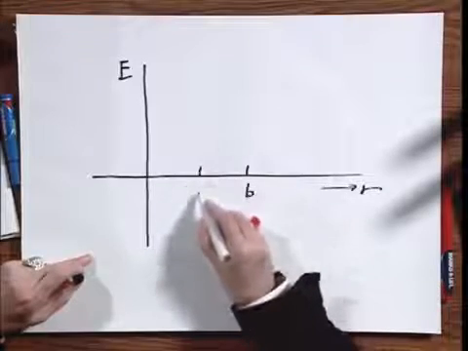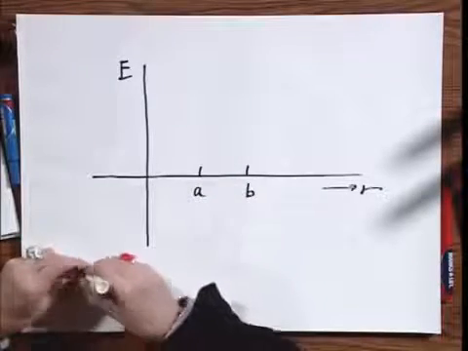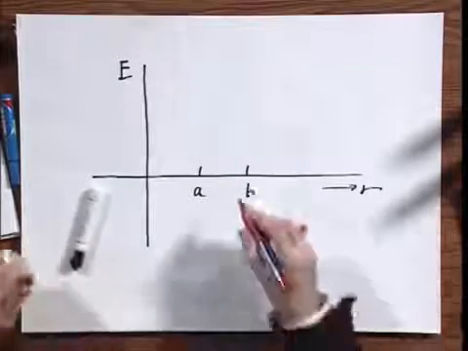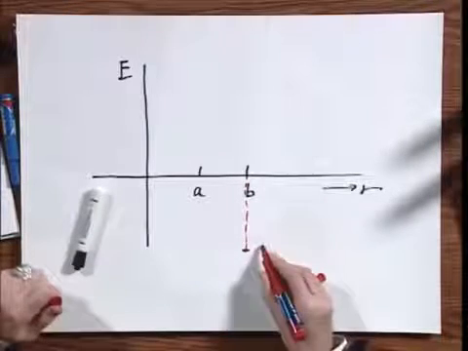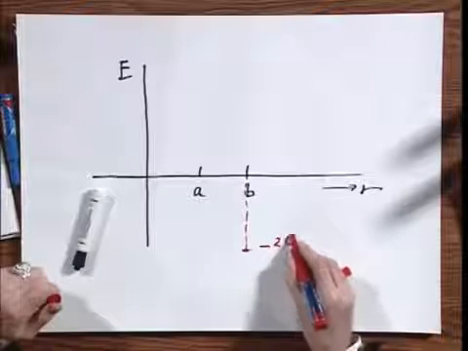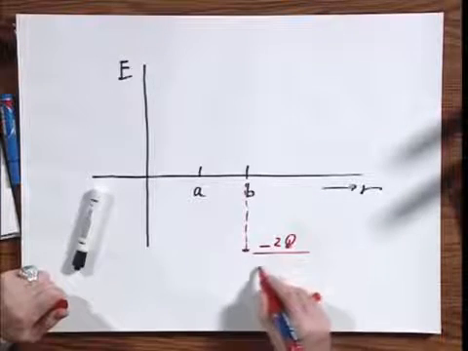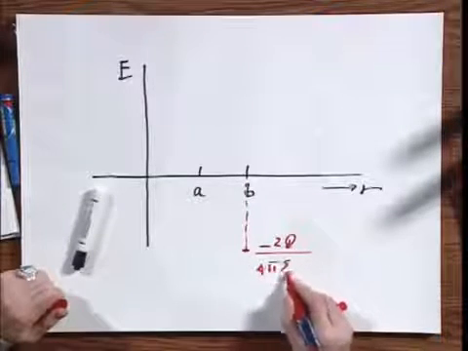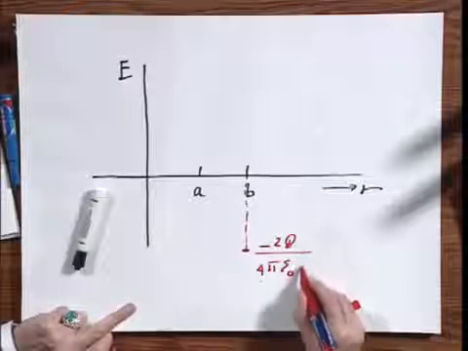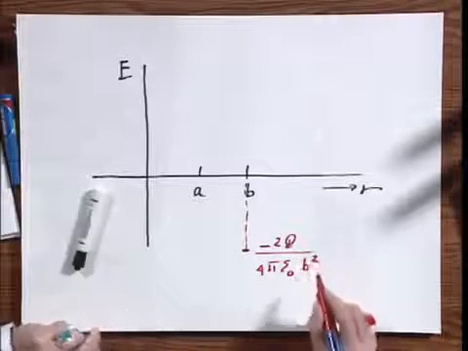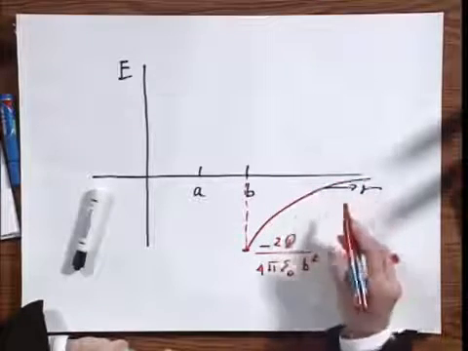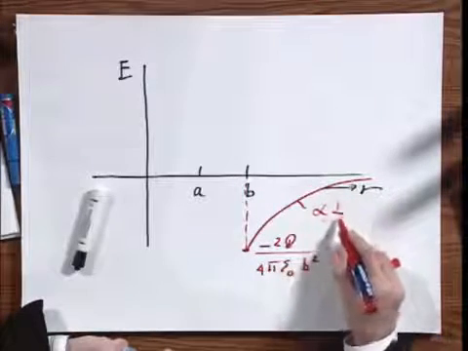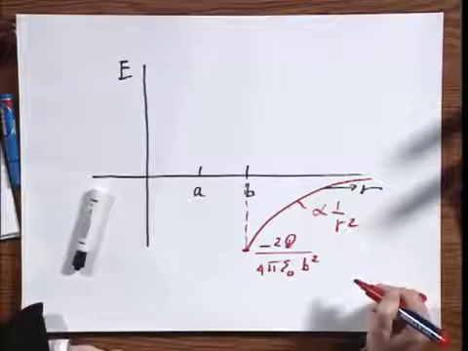Here is location B, and here is location A. So we know that right here we have an electric field which is minus 2Q divided by 4 pi epsilon 0 r squared, where r squared becomes B squared, because I'm at the location B, and then it falls off to 0 proportional to 1 over r squared.